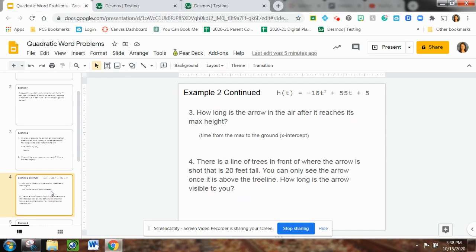We're going to continue on with this example. The first thing we're asked is, how long is the arrow in the air after it reaches its maximum height?